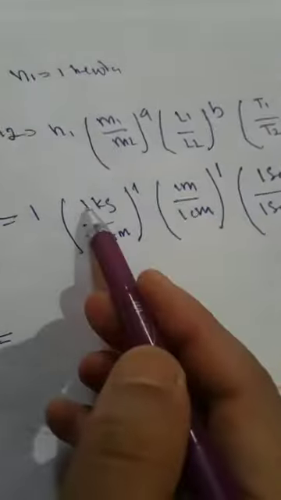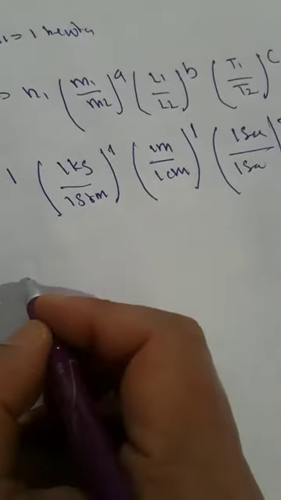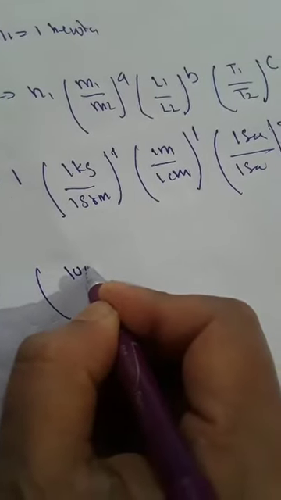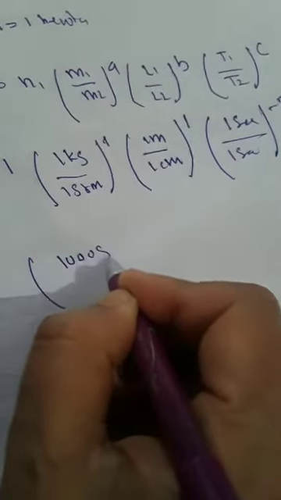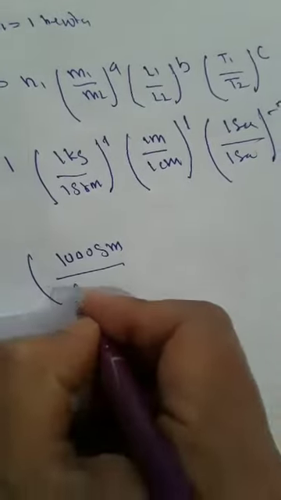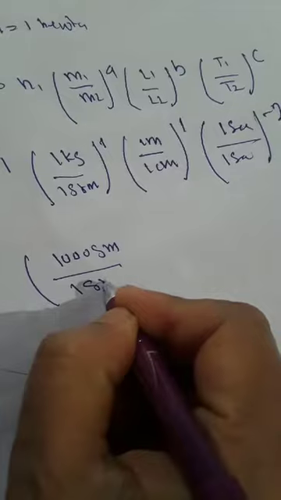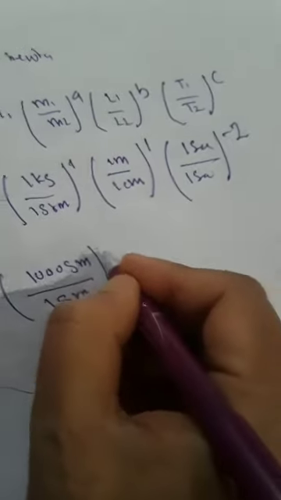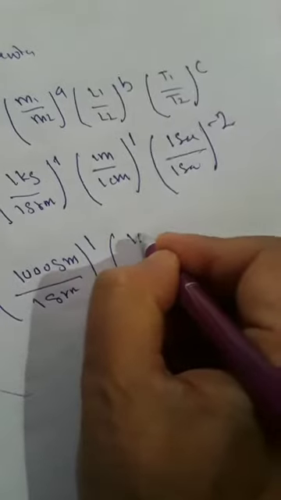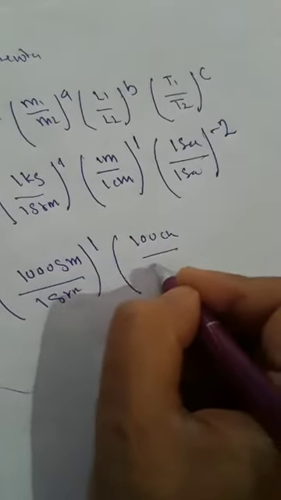1 kilogram can be converted into grams. It can be written as 1 multiplied, which makes no difference, 1000 grams, because 1 kilogram has 1000 grams, divided by 1 gram raised to the power 1. Meter can be converted into centimeters, it is 100 centimeter divided by 1 centimeter.